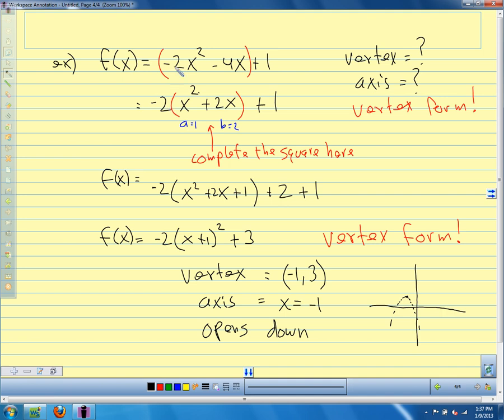When I have a number in front of the x squared, I need to factor that out of my parentheses, but I have to remember that that number is multiplying whatever I add inside the parentheses, and take that into account outside the parentheses also, so I end up adding 0 to the function. I'm not really changing it.